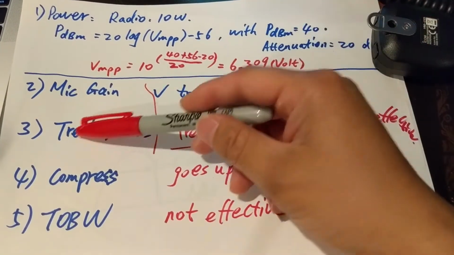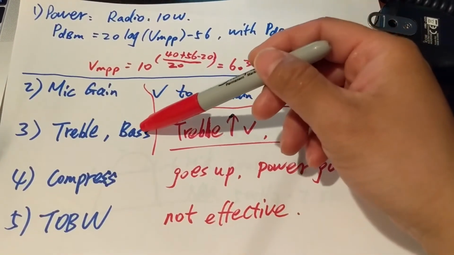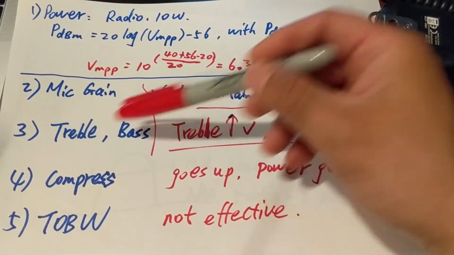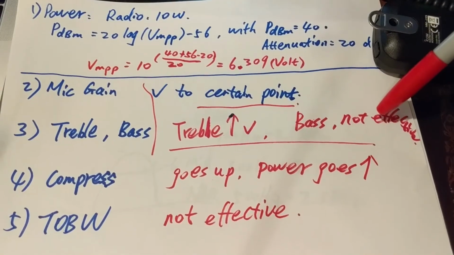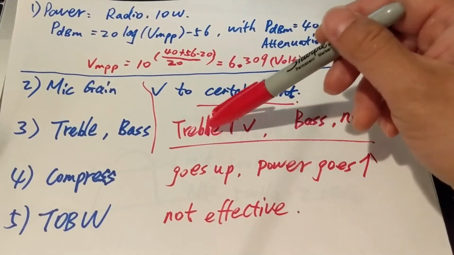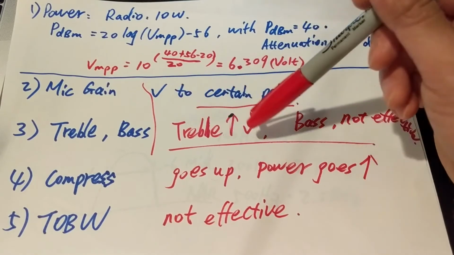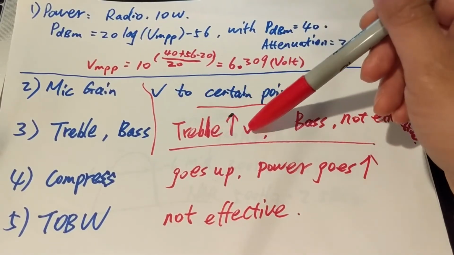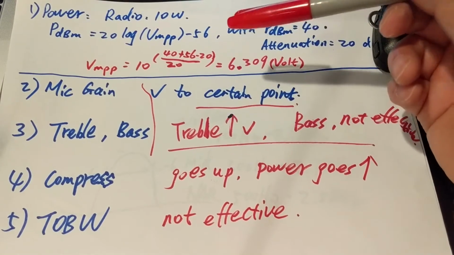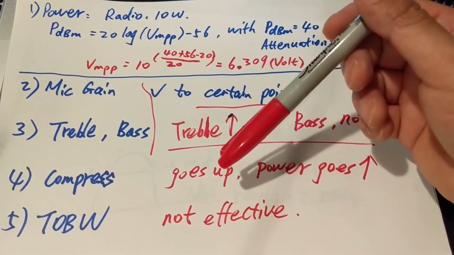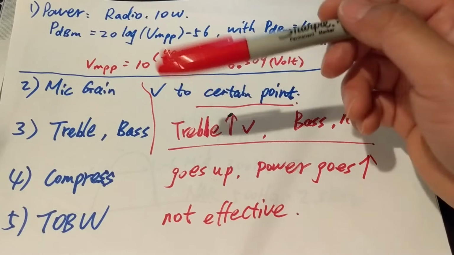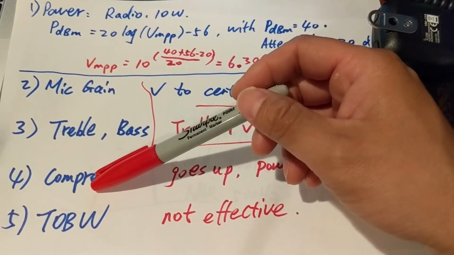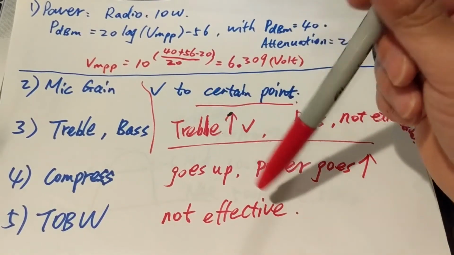The second is to increase or lower the bass or increase the treble. The bass is really not that effective, but the treble is. Treble increases the pitch, and you can see the power sending out more, but the voice will be high pitched. Compression is very effective.